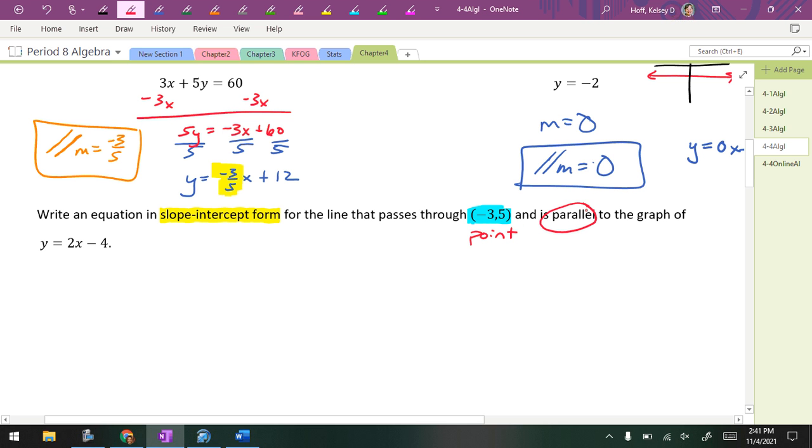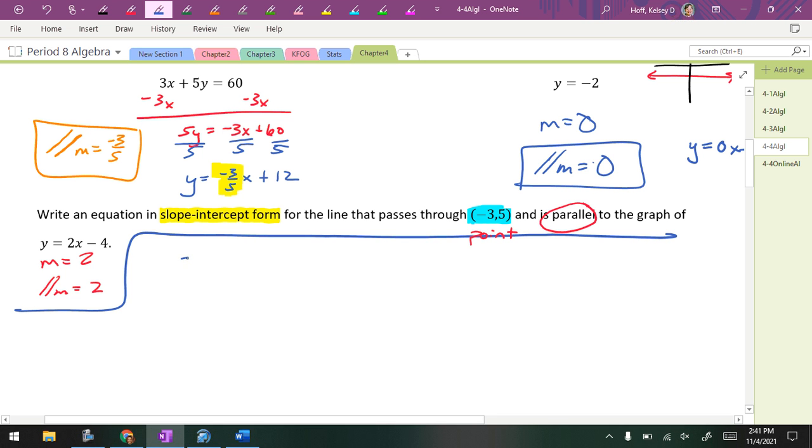Why is that important? Because your parallel has the same slope. What is their current slope here? 2. So what's the parallel slope? 2. So we need to write the equation of a line knowing that the slope is 2 and it goes through negative 3, 5. What information do I have? A point and a slope. Guess what format I'm plugging into?